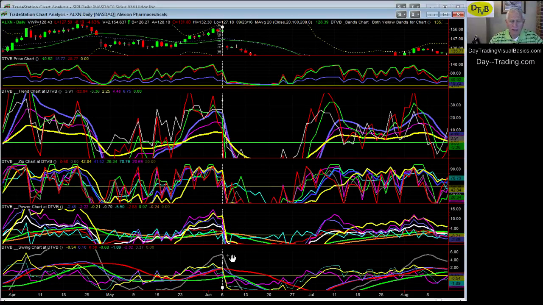And in addition to this, down here in the swing gray line, we have 2 days of low angle up. You may not have heard me discuss that aspect before, but when you have 2 and sometimes 3 days of a straight low angle, either in this fashion or in the other way underneath zero going down, the reaction is a reversal.